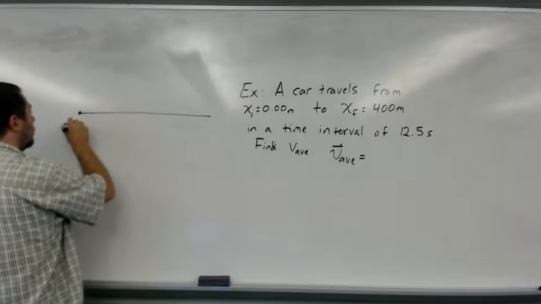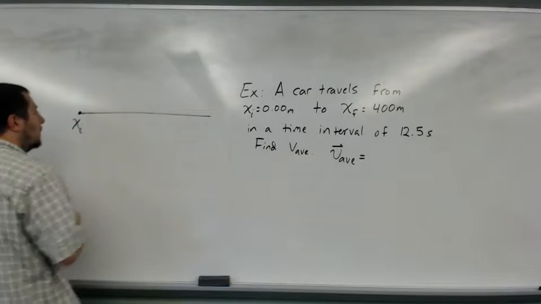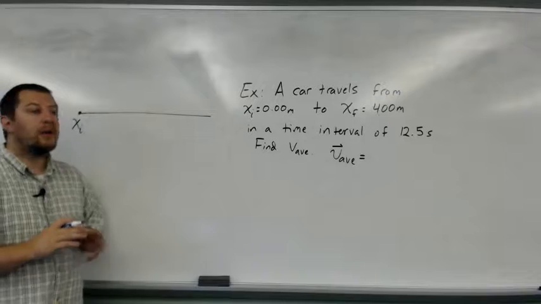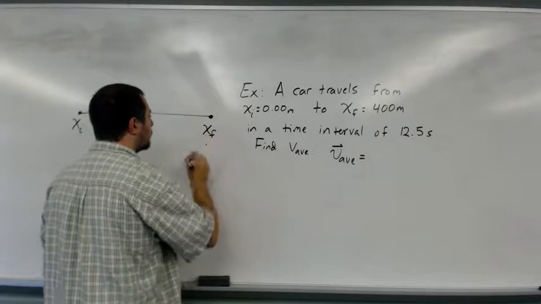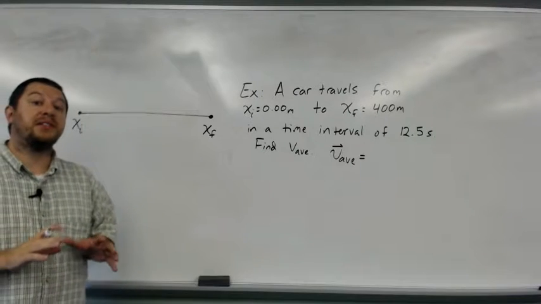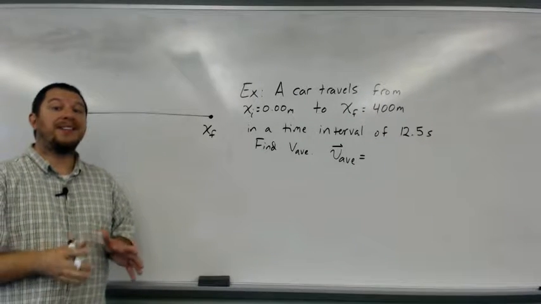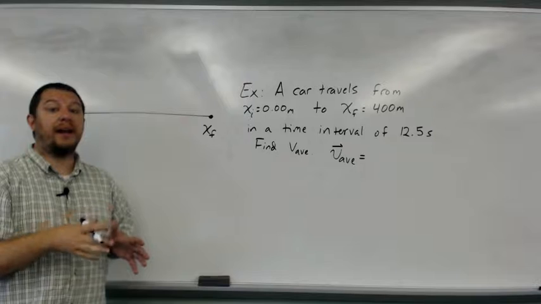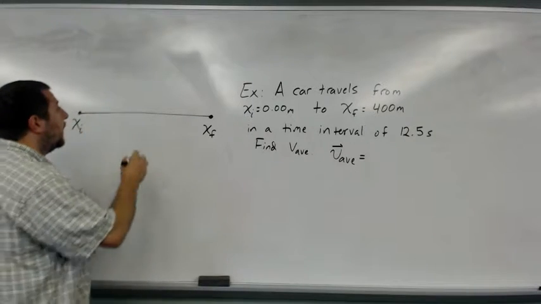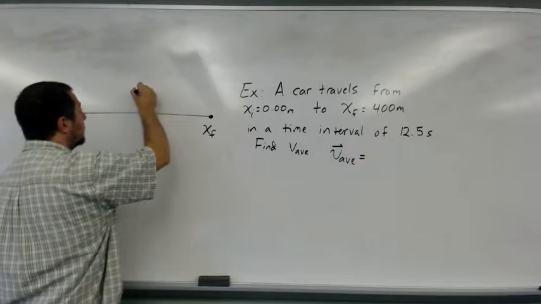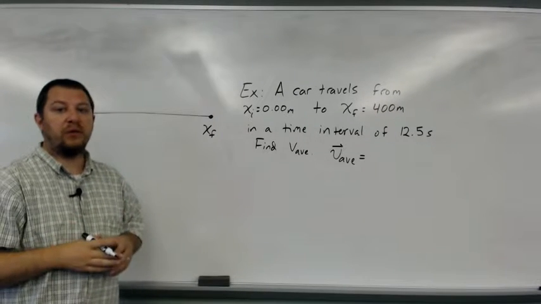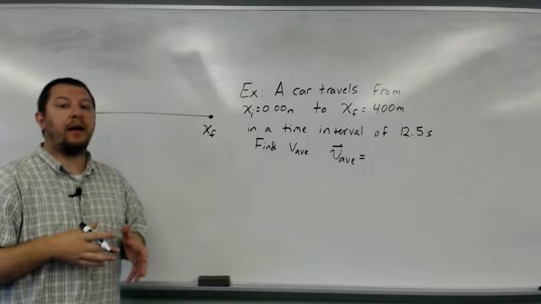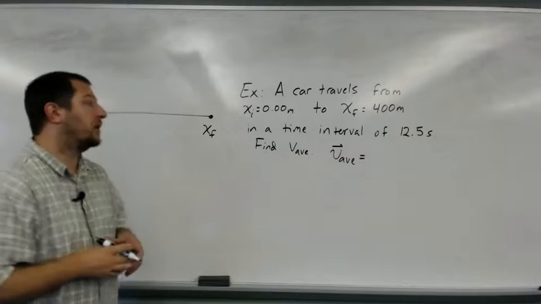So I'm going to say that my initial position is here, and I'm going to say that my final position is here. Now, technically, positions can also be vectors because they have magnitude and a direction. And we're going to define our coordinate system. Since our motion is only in one dimension, we really only need to worry about defining a one-dimensional coordinate system.